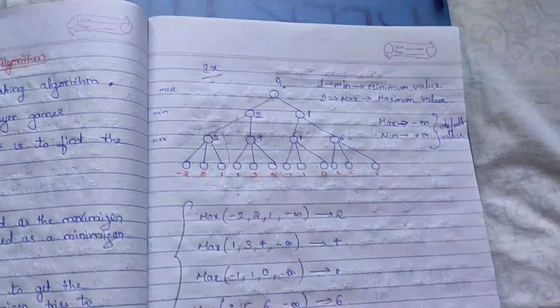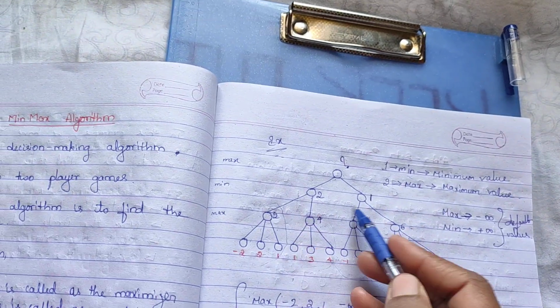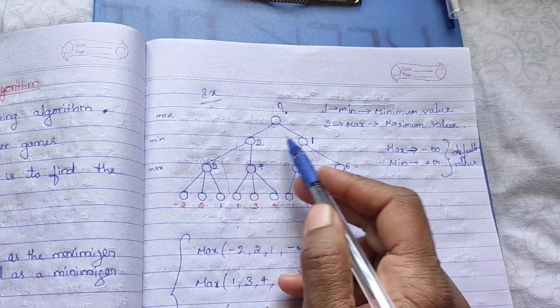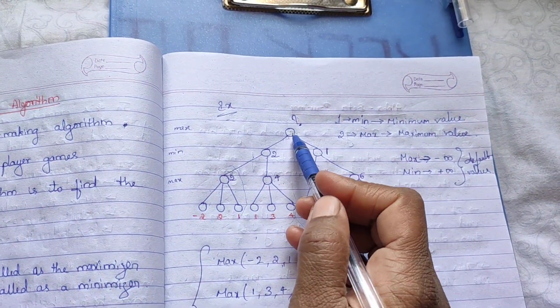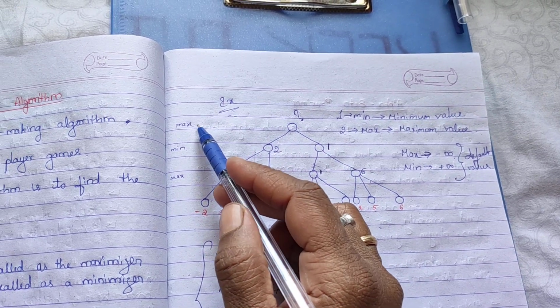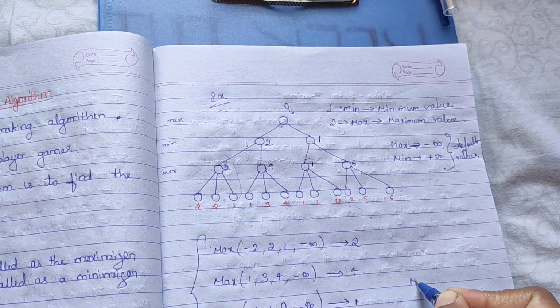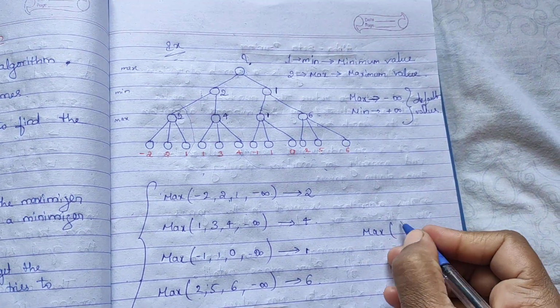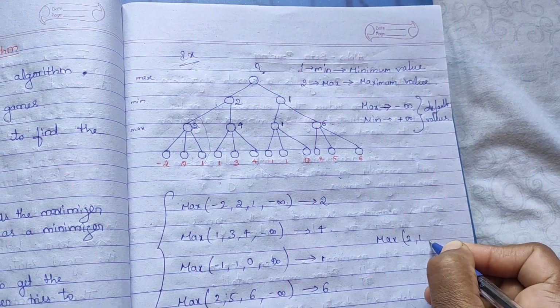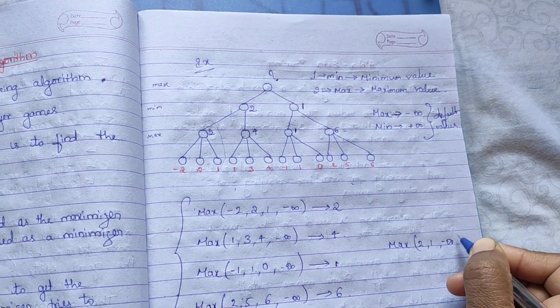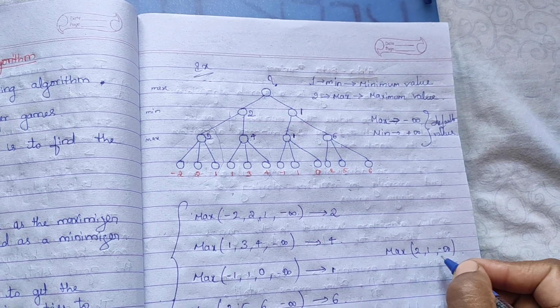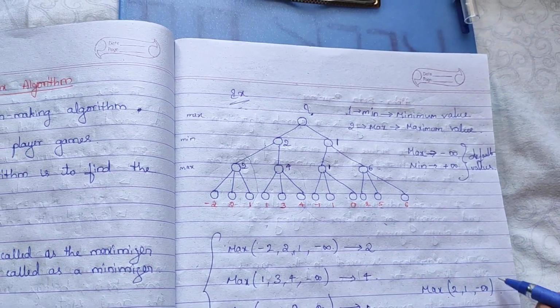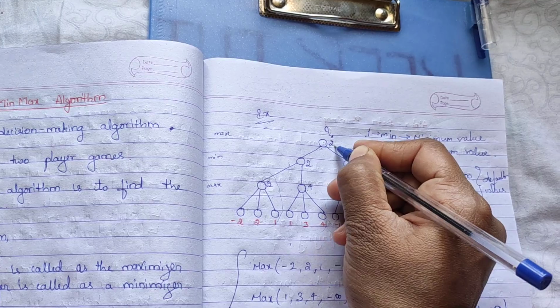Understanding? Next, what do we have to do for these 2 children? By considering these 2 children, what do we have to trace? We have to trace the maximum value. So, max of which values? 2, 1 and minus infinity. Understood? Maximum of minus 2, 2, 1, minus infinity is nothing but 2.